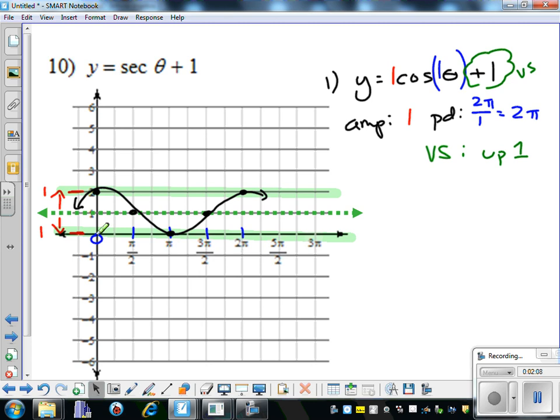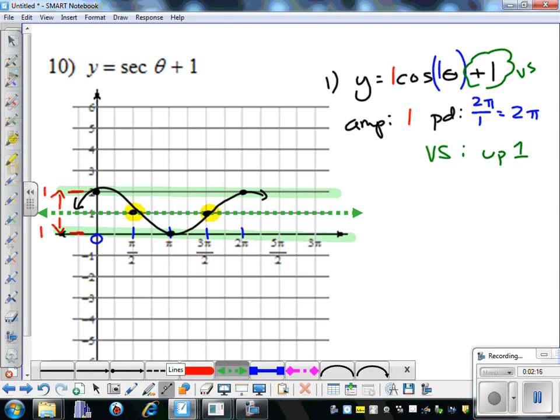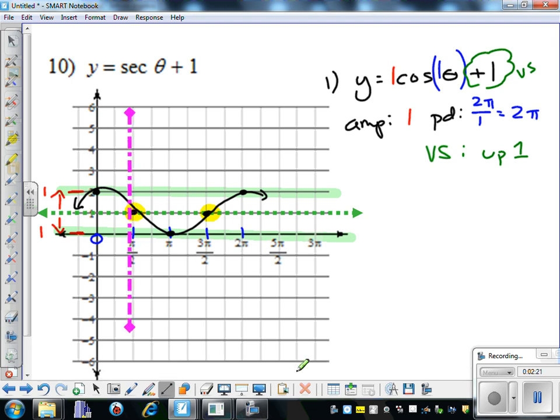Now, remember that everywhere the cosine function hits the midline, so at these 2 points, at pi over 2 and 3 pi over 2, I will have a vertical asymptote. Now I take my max and min points from my cosine function to graph my parabolas.